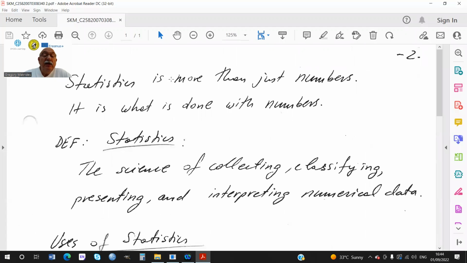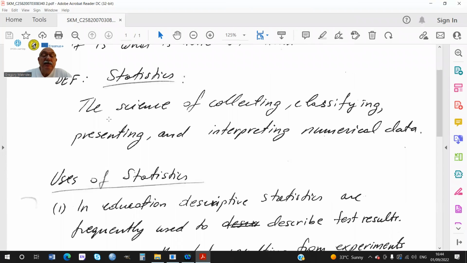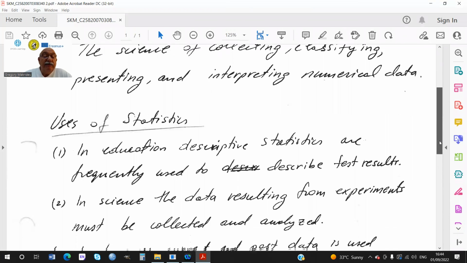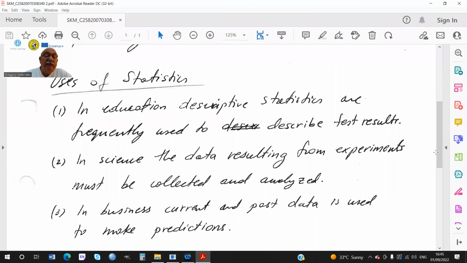Some notes. So one definition of statistics that you can find in several books is that it is the science of collecting, classifying, presenting, and interpreting numerical data. So this includes both descriptive and inferential. The use of statistics, there are many examples, of course, but one simple one applied to your case: imagine the test results you get usually.